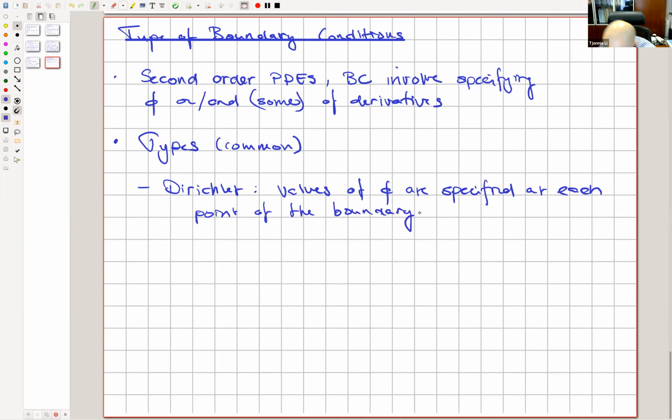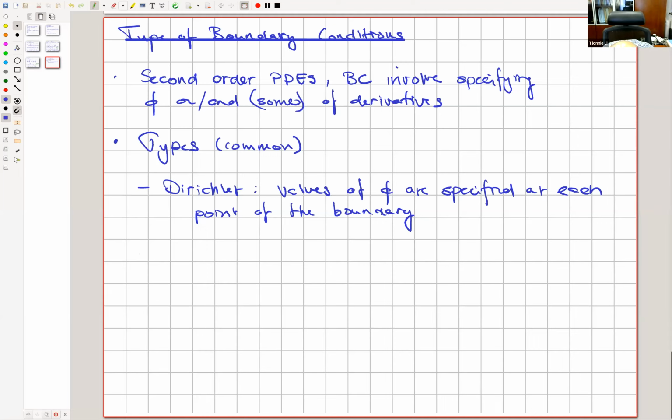This is important, right? Again, because we're no longer in 1 dimension, we have to consider the entire boundary. In 2 dimensions, it's going to be some boundary, some surface. And so the Dirichlet condition basically says that the values of phi are specified at each point of the boundary.